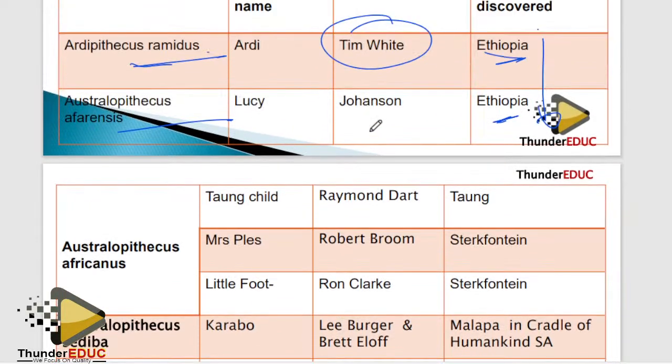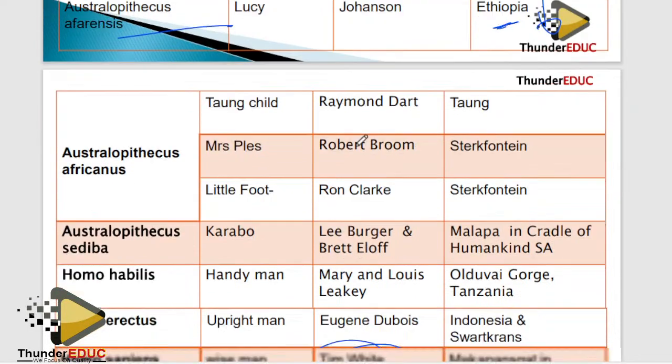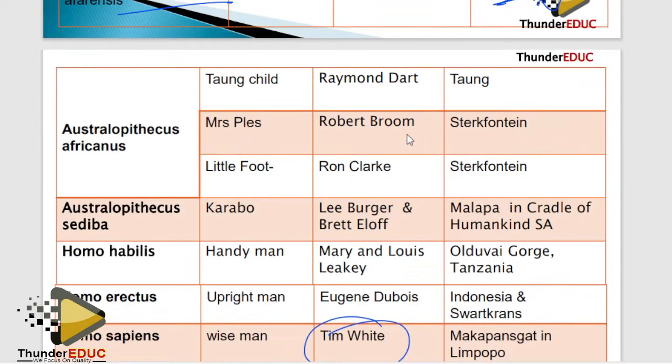Number 2. Now you have three Australopithecus africanus specimens. All of those who discovered them start with R: Raymond Dart, Robert Broom, and Ron Clark. All of them start with R. Is it clear?